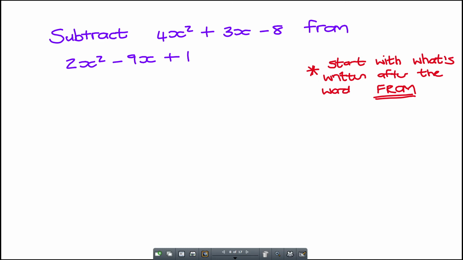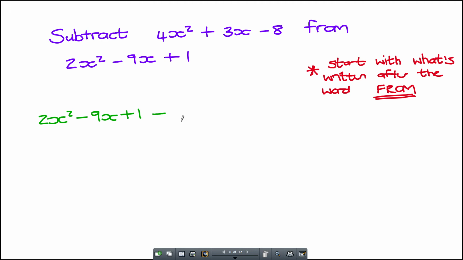So I'm saying we always start with whatever was written after the word from. Okay, so what was written after from? That 2x squared. Okay, so I'm going to say 2x squared minus 9x plus 1. I know I'm going to start with that. Now they're saying subtract 4x squared, what, from that. So I know I must say minus. Because I'm supposed to subtract.